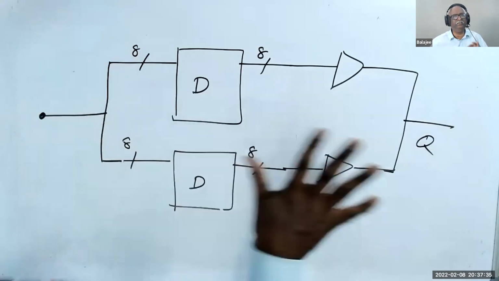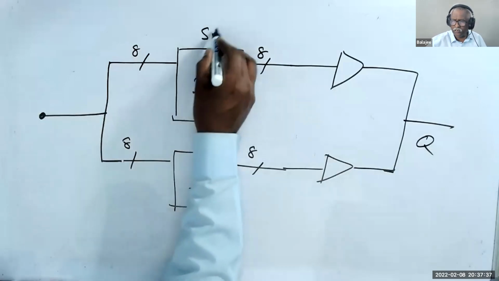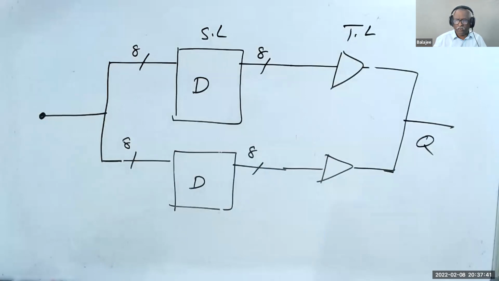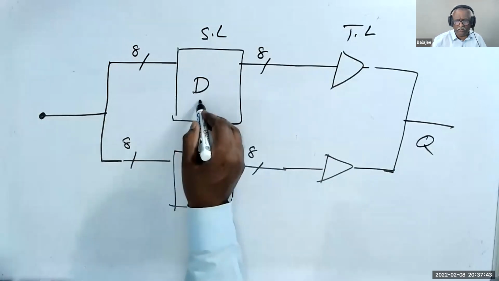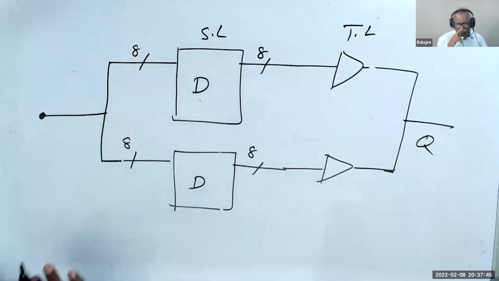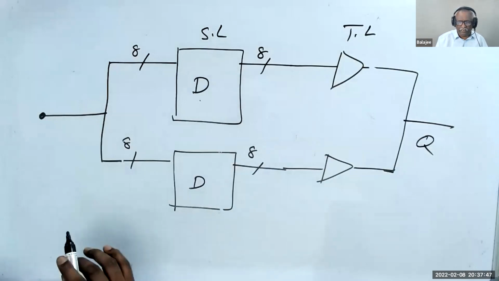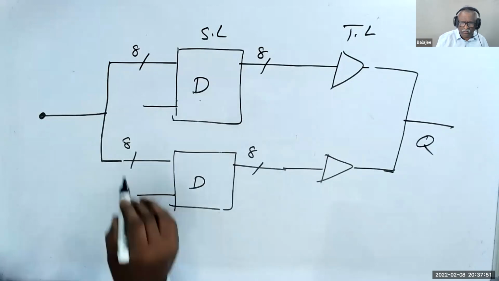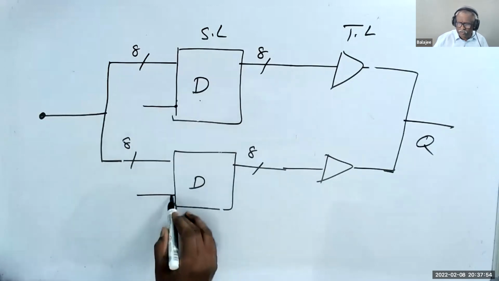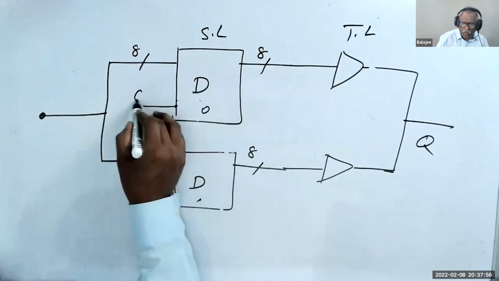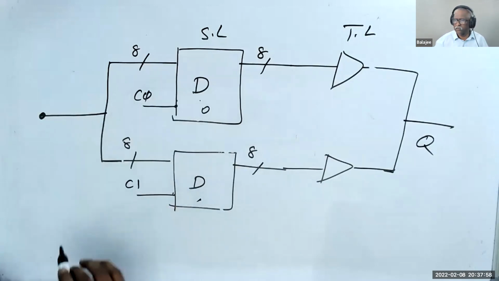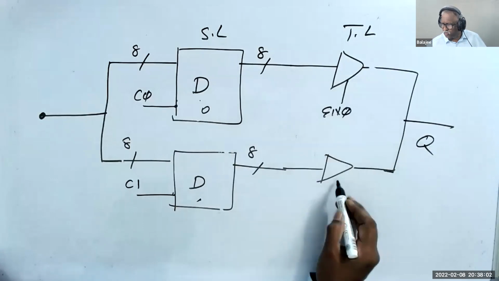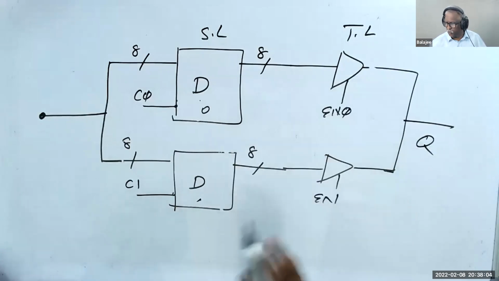Try to understand this picture: sequential logic, tri-state logic. Now let us assume I have signals. This is called C0, C1. This is called enable 0, enable 1.